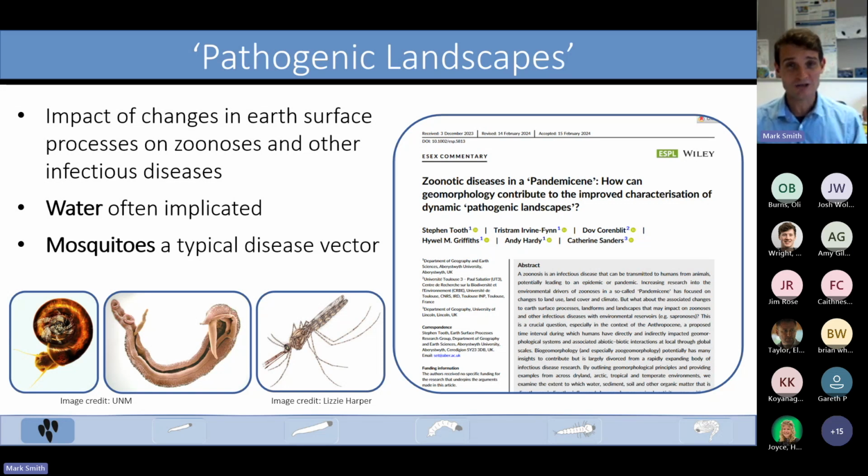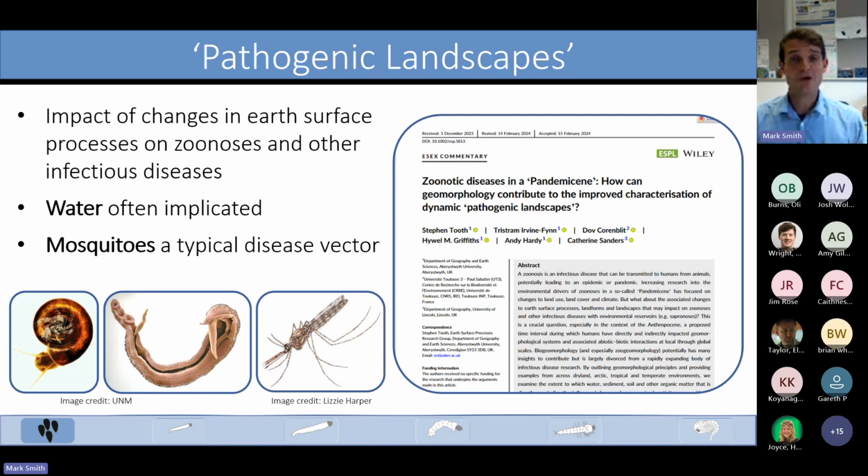More concretely, we see links between geomorphology and disease transmission that go via standing water bodies in the landscape, the presence of stagnant water. For example, schistosomiasis, the flatworm that causes schistosomiasis, involves a stage within a freshwater snail, and its contamination of that water can infect humans and livestock.